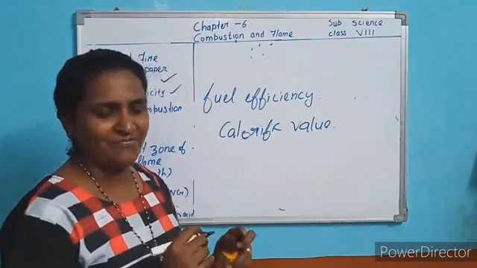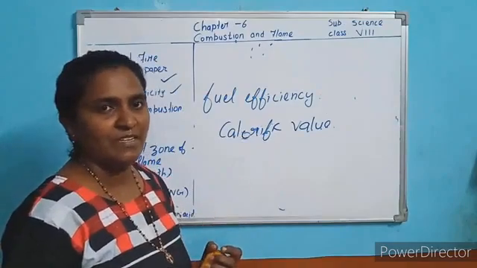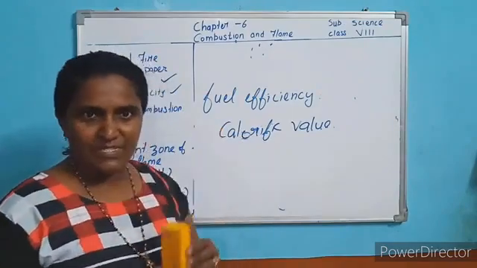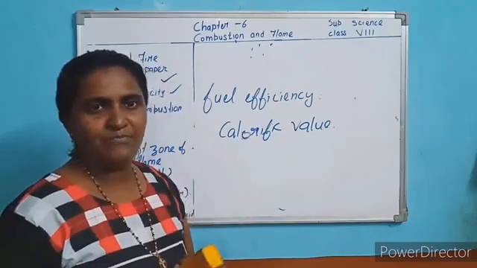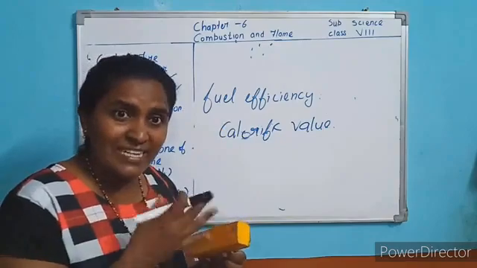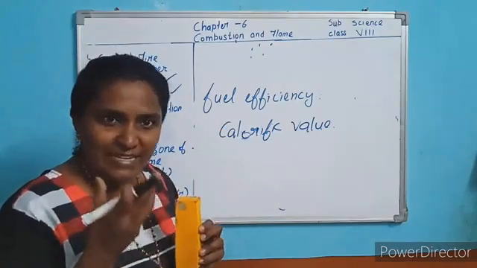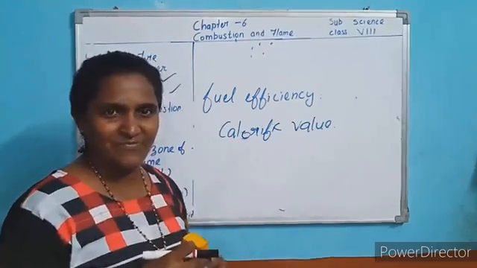What is calorific value? Take 1 kg of substance or 1 kg of fuel, burn it, and check how much heat energy is produced by this fuel. That energy is called calorific value.